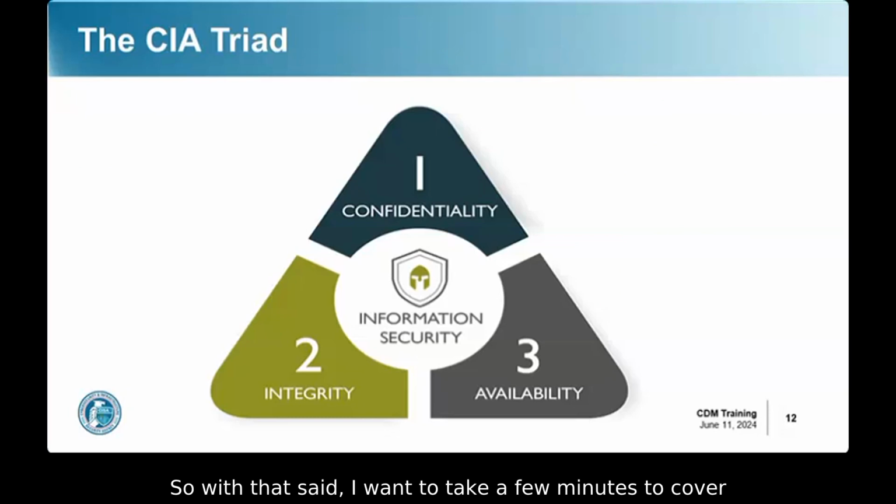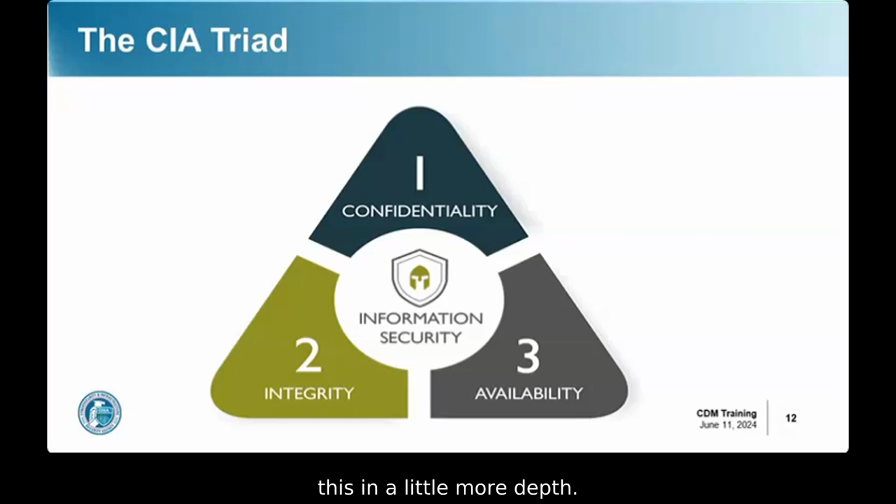So with that said, I want to take a few minutes to cover this in a little more depth. And while it may be the duty of the security analyst to ensure CIA, it is up to all users to be vigilant and to use systems and information responsibly and to adhere to their organization's security policies.